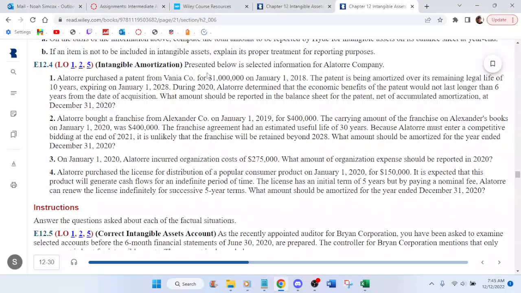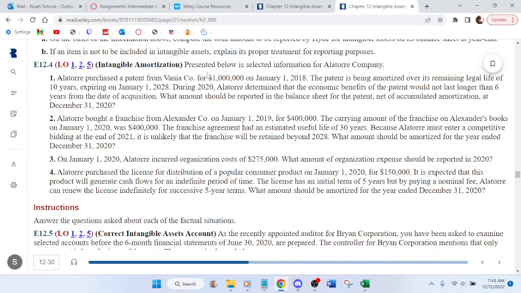Alator bought a franchise for $400,000. Carrying amount was that? Had an estimated life of 30 years. Okay. So it looks like it will be able to be used.